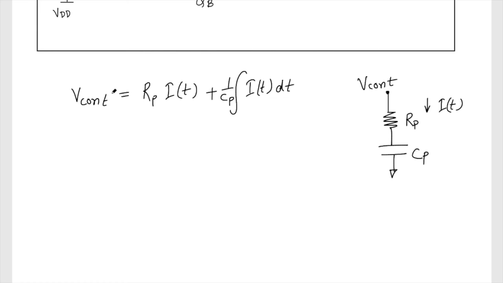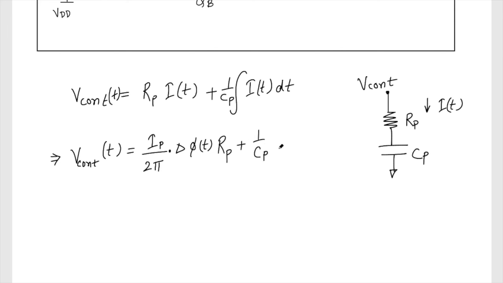Of course this also varies with time, so V cont of t will become, so we know that this IT we have written as IP by 2 pi into delta phi t into RP plus 1 by CP.